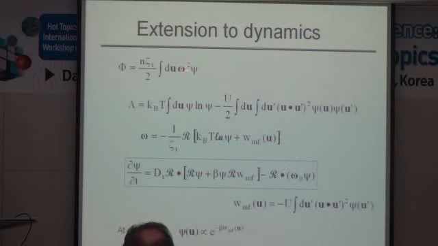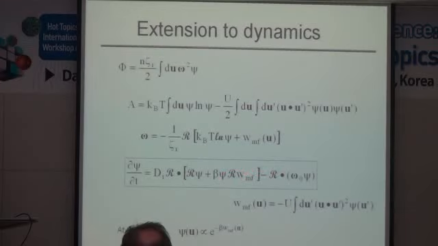If there is a shear flow, this term has to be omega minus omega naught squared. In the end, you have a time evolution equation for the distribution function in some external shear flow: the rotational diffusion term plus the mean field potential term.